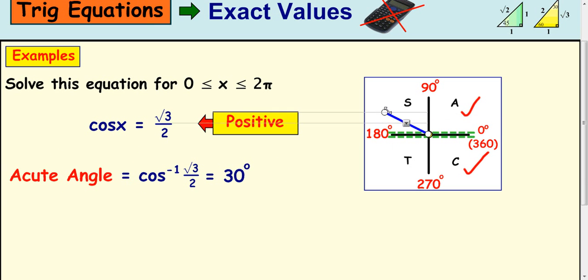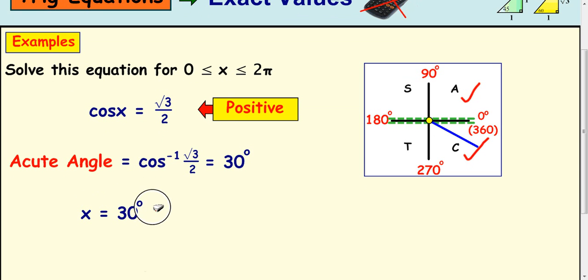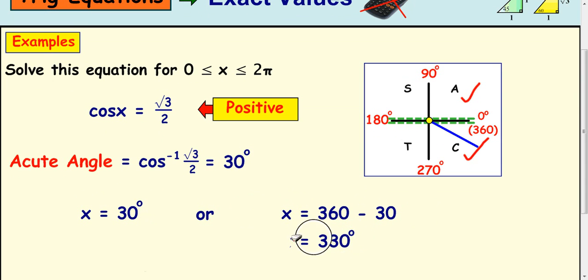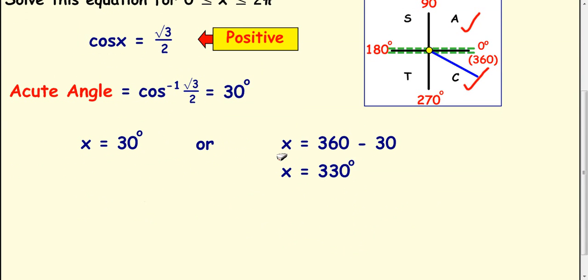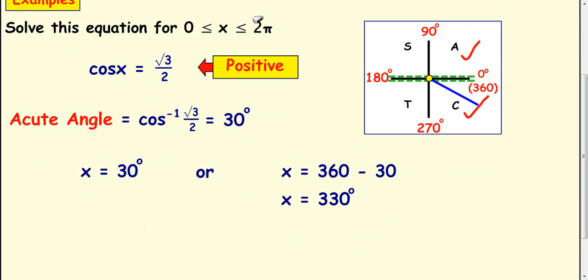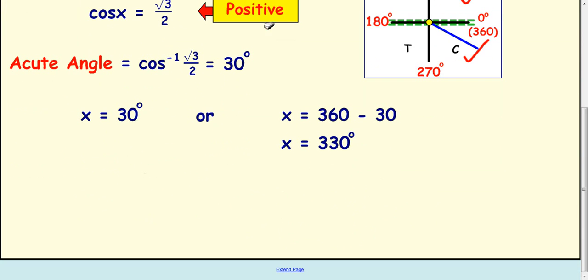So in this quadrant, 0 would be 30 degrees, and in this quadrant, 360 take away 30 would be 330. So 30 or 330. This is the point where we have to convert into radians because of this part of the question here to get full marks.